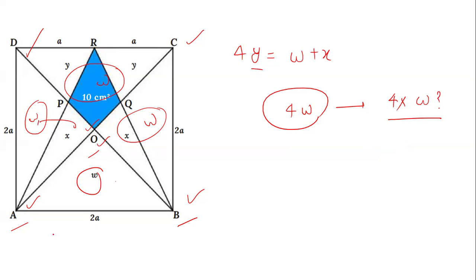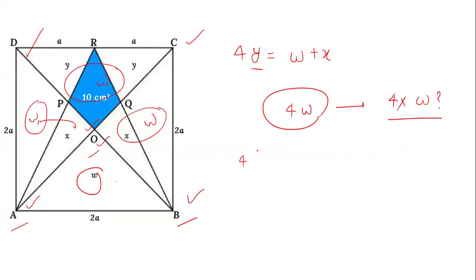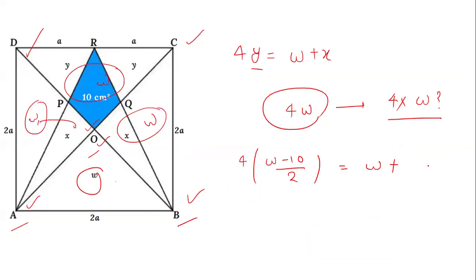We know the value of y from this relation also. Here you can write y is equal to (w minus 10) by 2. And we know the value of x from this relation: it is (w minus 10) by 2 is equal to x. So now you can simplify this.